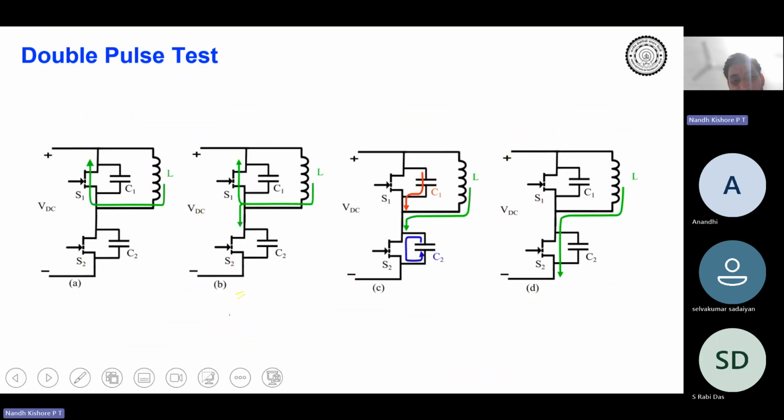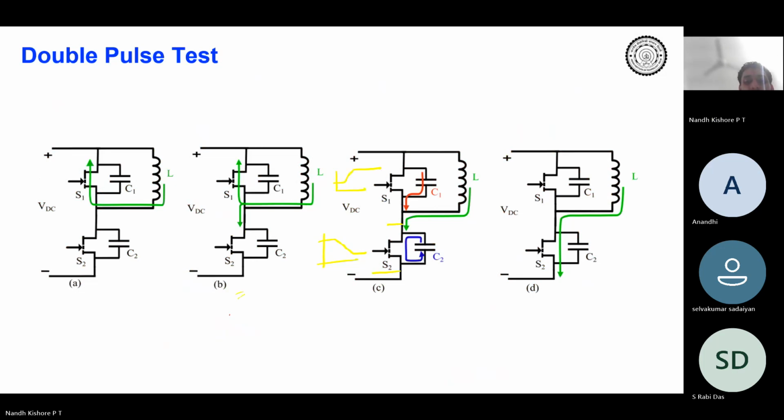Slowly the voltage across S2 would decrease and slowly the voltage across S1 would increase. Right? I hope this is clear.